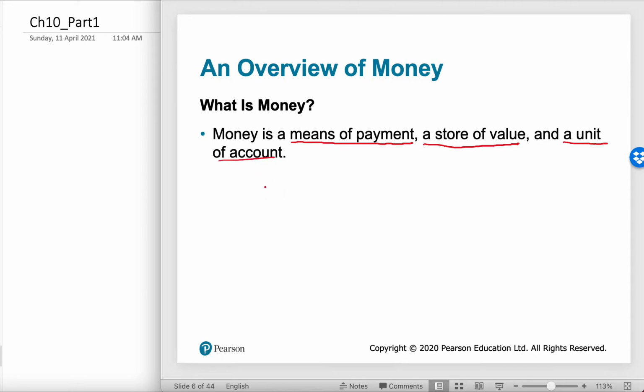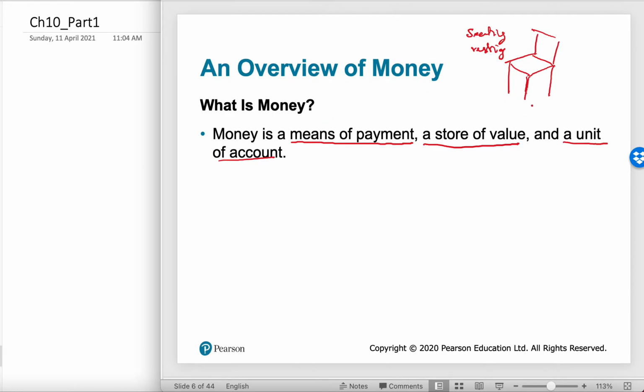Like if I ask you what is a chair, you would say that a chair is a tool which people sit on and rest. So this is for the purpose, the function which the chair is doing, that is for sitting or resting. That is the function which the chair is doing.